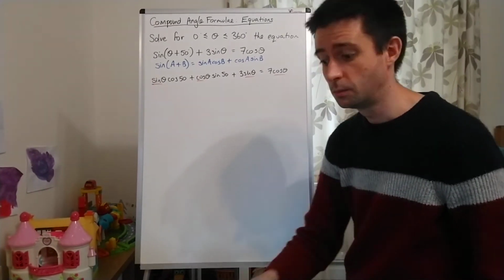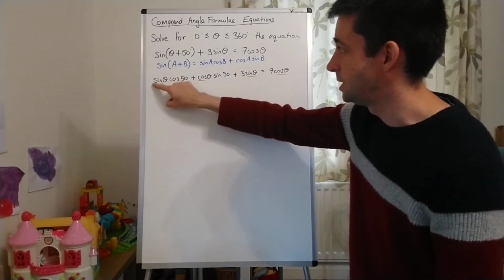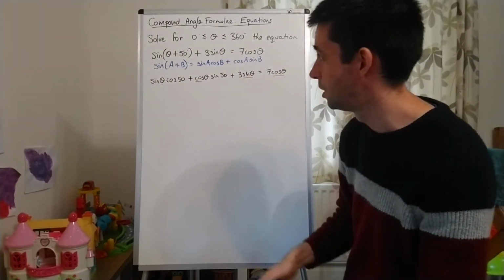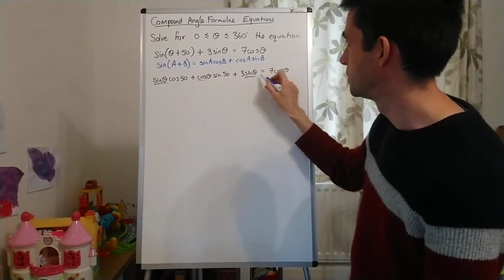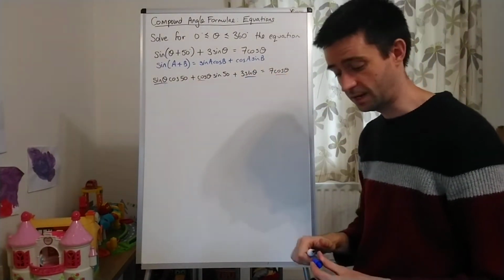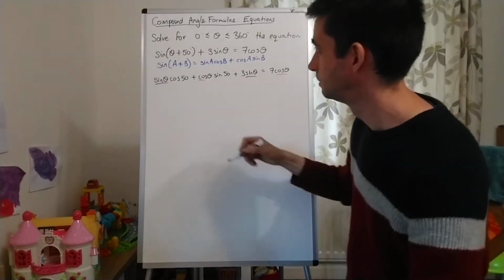Yes, you could. But first of all, what you want to be doing is everything with a sin θ term, you want to be on the left-hand side of your equation. And everything with a cos θ term, you want to be on the right-hand side of the equation. That's only one thing that needs to be changed.